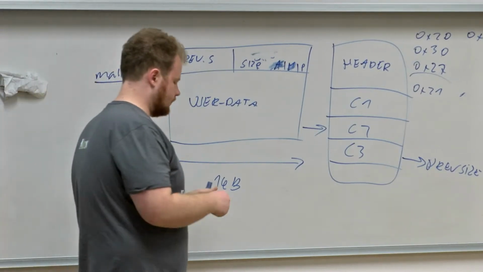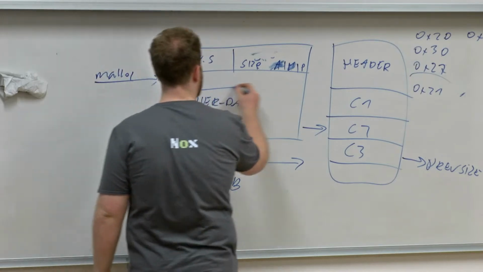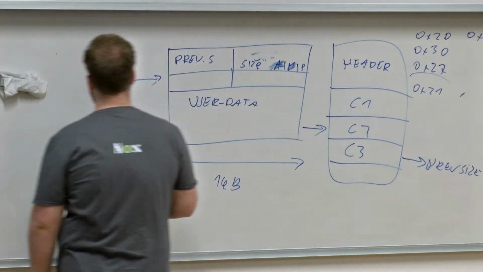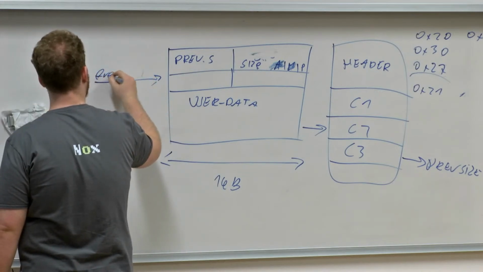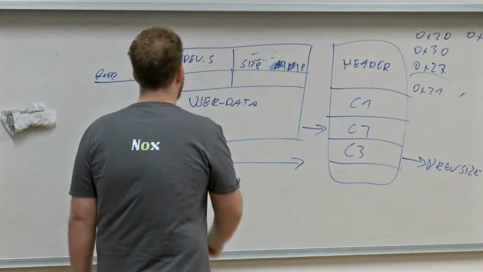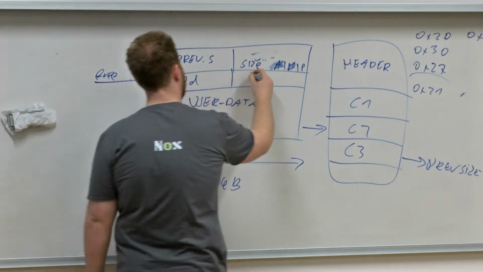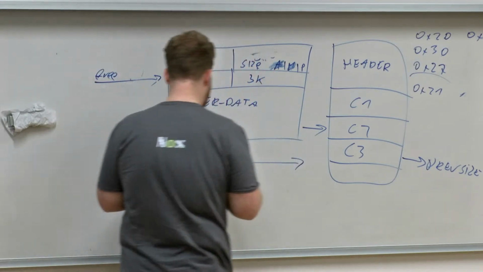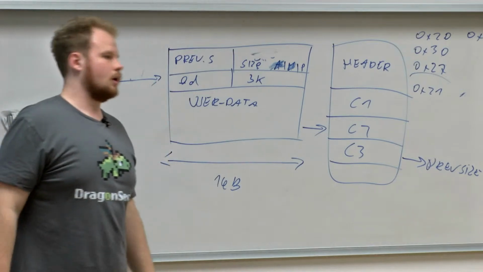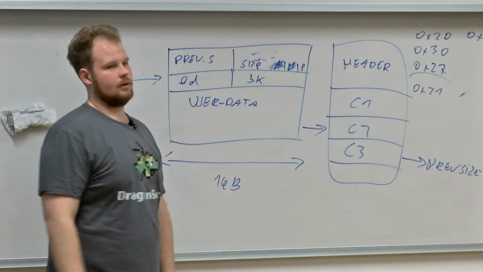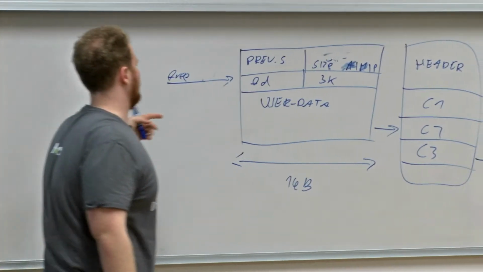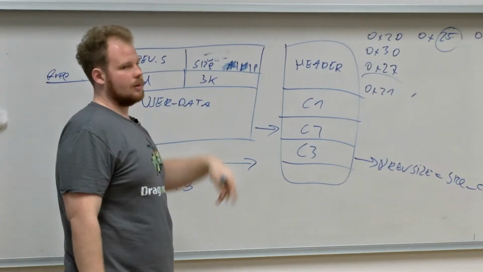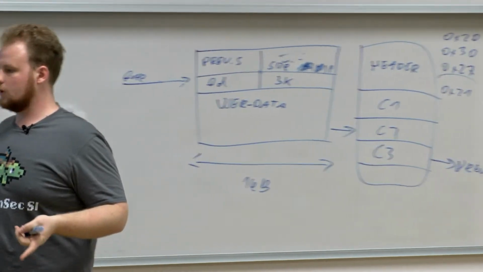And when we free the chunk, so now this will turn into free, some pointers are put over the user data section. So we have the FD and the BK pointer. These are the forward and the backward pointer.